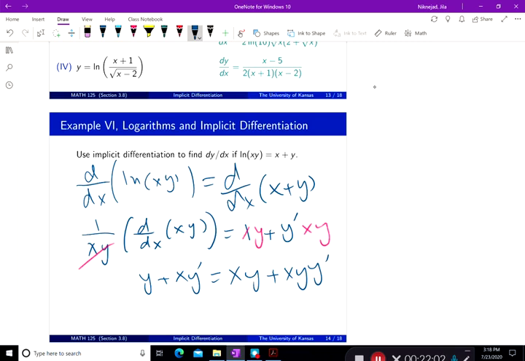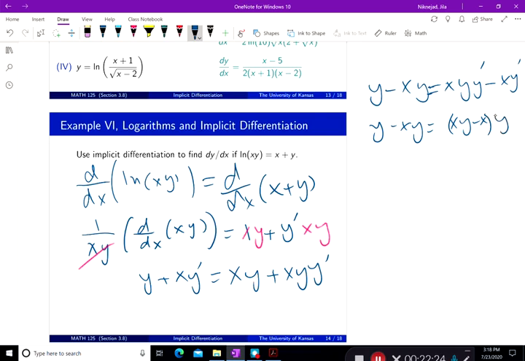Now over here we put y minus xy together, and we put xy y prime minus xy prime together, so y minus xy is equal to xy minus x times y prime.